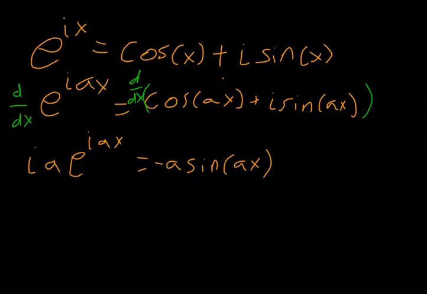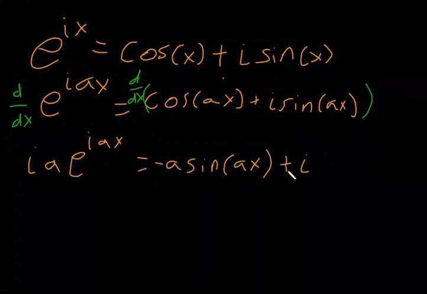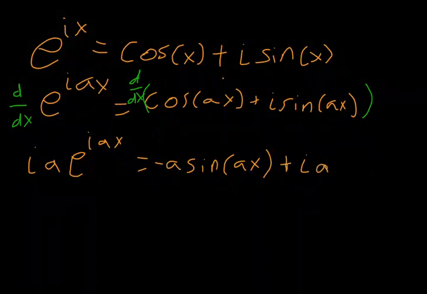And the derivative of sine, this is equal to, then we're adding this with i, constant coefficients rule, ia from the chain rule, times the cosine, the derivative of sine is cosine of ax.